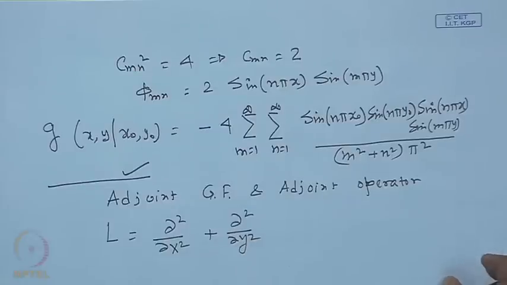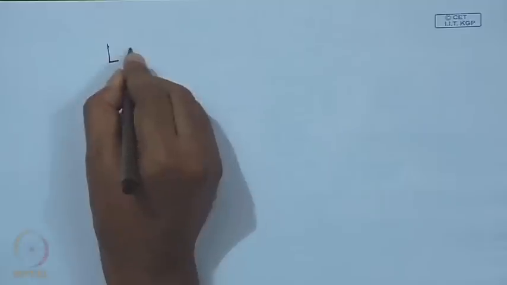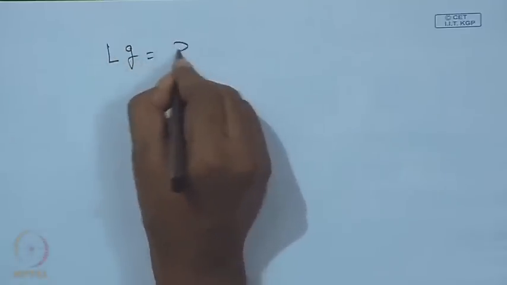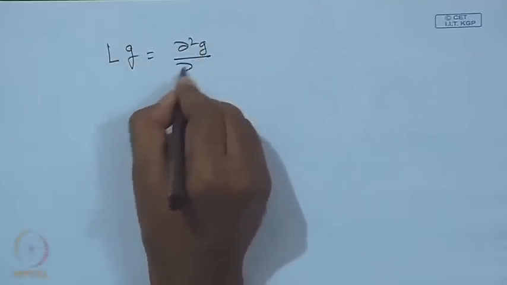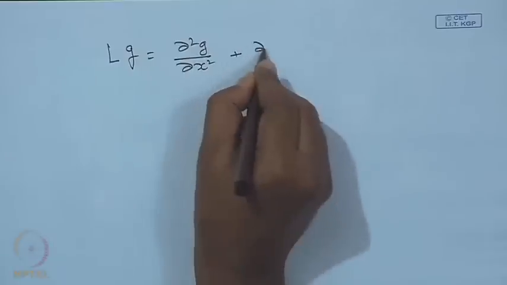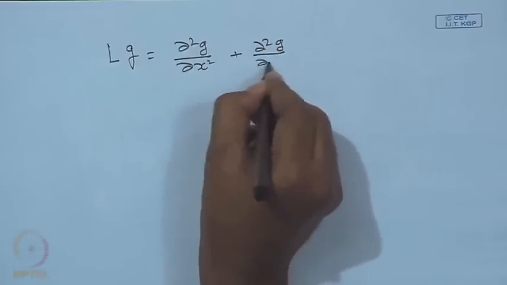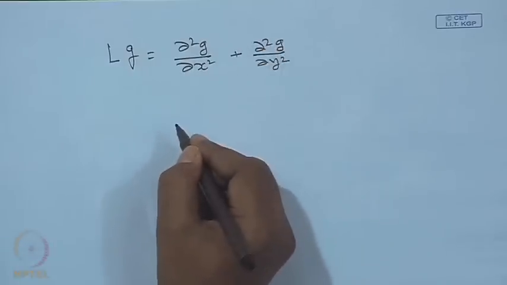So, we write L g is nothing but del square g del x square plus del square g del y square.